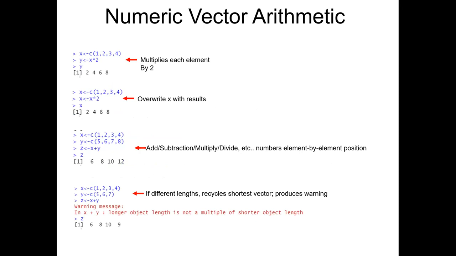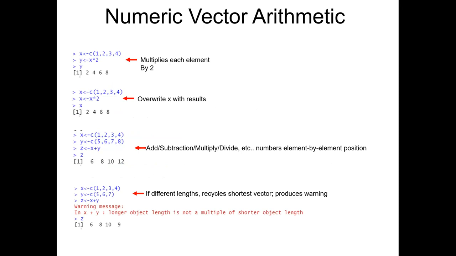Okay, so when you have numeric vectors, you can do all the mathematical operations that you want on the information. In the upper case, again, I'm assigning numbers 1 through 4 to an object called X. And then I wanted to multiply all those X's within that vector by 2.